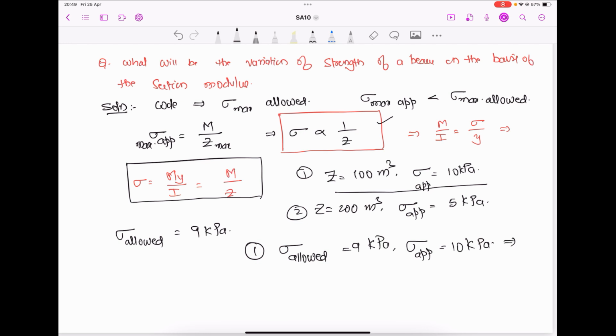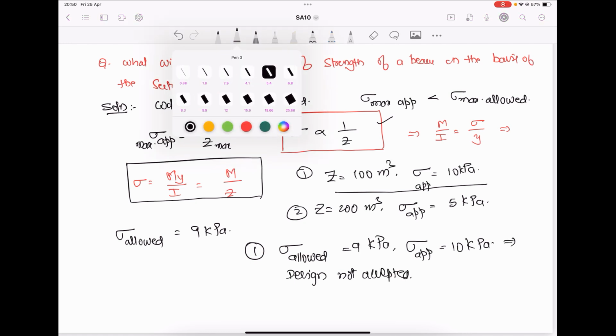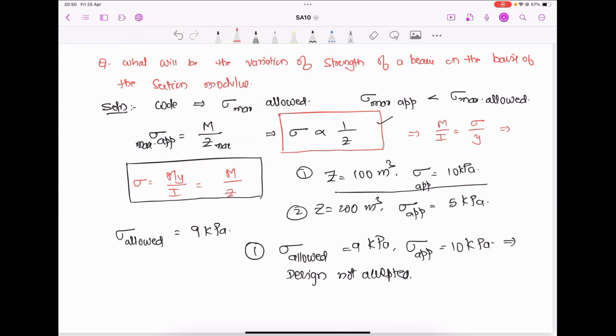That implies the design is not accepted, as sigma applied is greater than sigma allowed. Please remember this. Don't get confused in the examination about greater than, less than. Second case, sigma allowed is 9 kPa, this will not change.